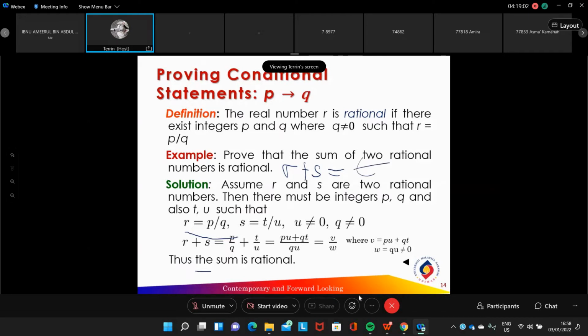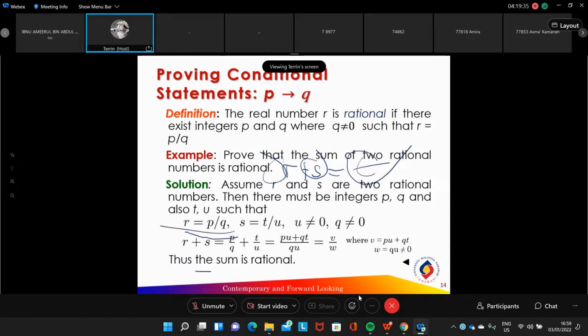So to prove that the sum of two rational numbers is rational, we say that r plus s equals t. Now in this question, you ask, where is the p, where is the q? It doesn't look like an implication question. The question does not explicitly give you p. That is for you to state that you're assuming these three are rational numbers, and by the definition in number theory, r is represented by p over q.